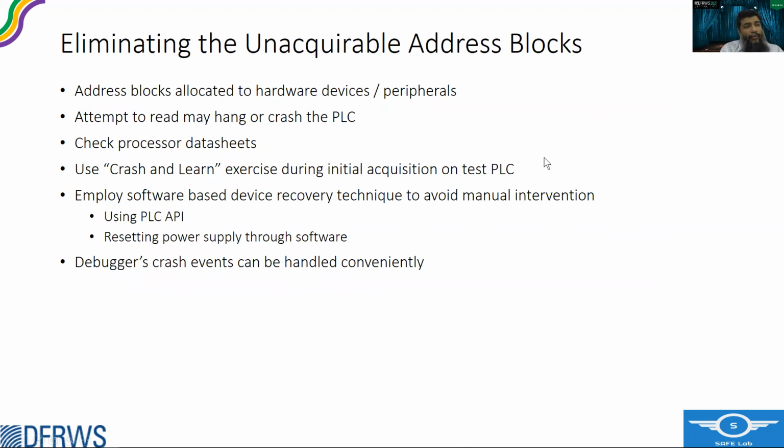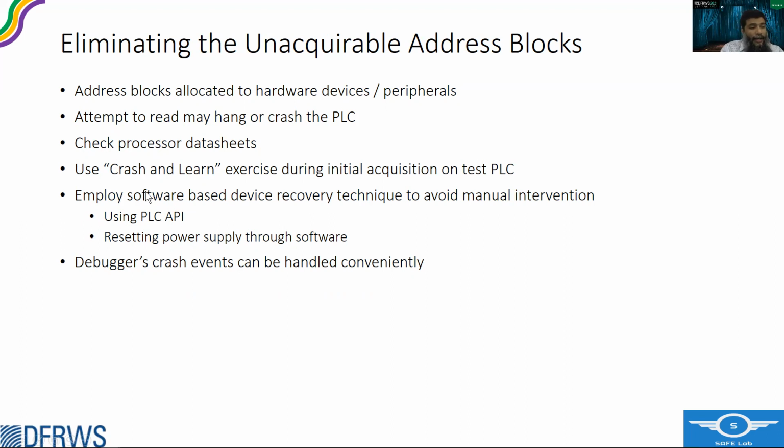The next step is to eliminate the unacquirable address blocks, which may be pointing to peripherals and can crash the PLC. To identify them, one way is to check the processor data sheets. If they are not available, then do a crash and learn exercise. It's a patient exercise that we have to perform on the test PLC, and it will crash the PLC.